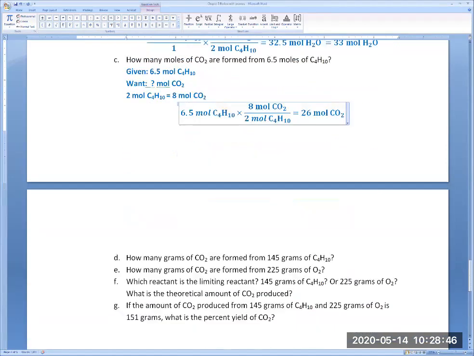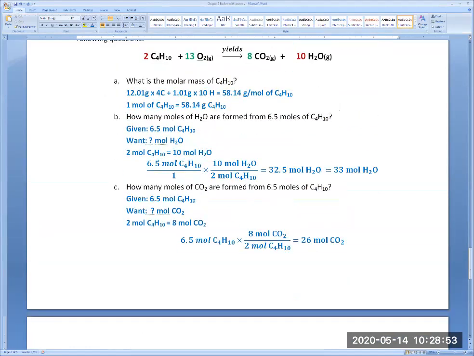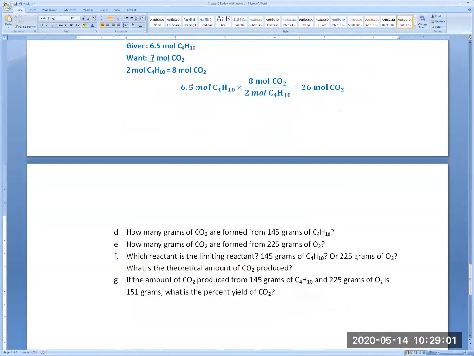So a new question now. These were just what we call mole-to-mole conversions, right? Changing a mole of a substance to the mole of another substance using a chemical equation. Now, the question is asking for how many grams of CO2 are formed from 145 grams of C4H10.